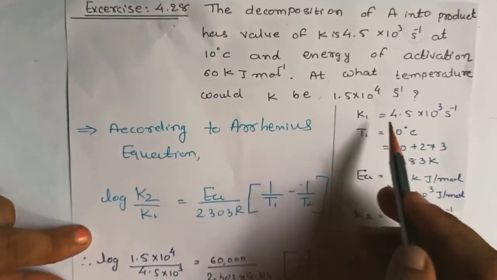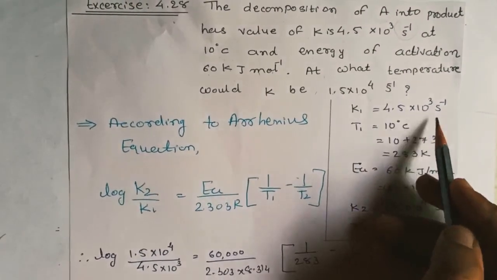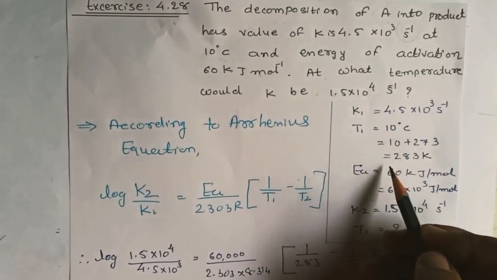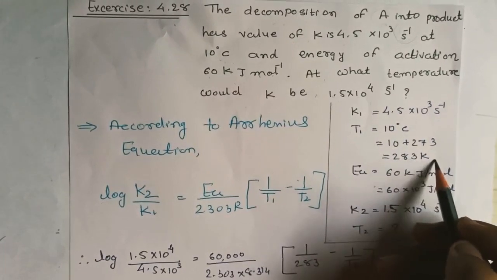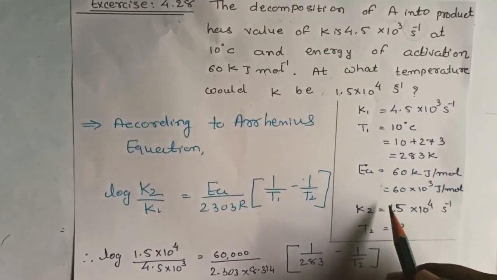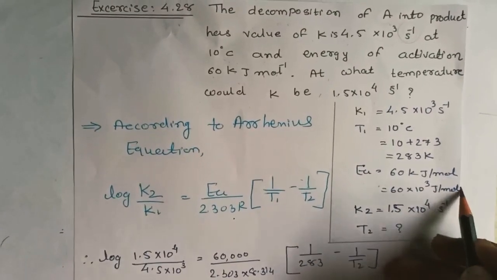So K1 will be 4.5 into 10 to the power 3 second inverse. T1 is 10 degrees Celsius, which if we convert into Kelvin gives 283 Kelvin. Now the activation energy is 60 kilojoule per mole, so it will be 60 into 10 to the power 3 joule per mole, right?